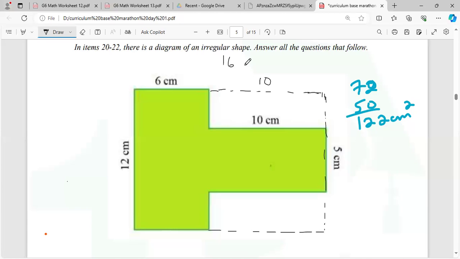And you already know that over here is 12. Yeah, that was given. So you find the area of the entire shape, then subtract the other shapes. So 16 times 12 is 192.